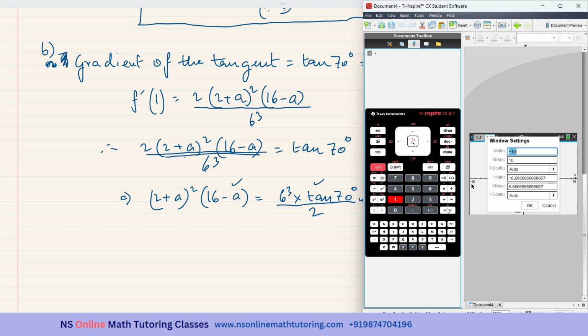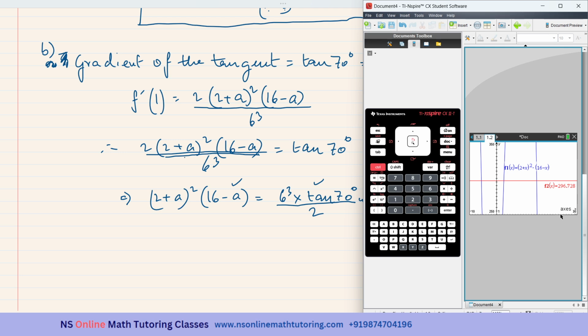I do not need the negative side, so I can change the positive side. X max, I can take this to 30. And I'm keeping y min as 250 and y max as 350. Okay, now you can see both the graphs, the horizontal line and the cubic graph.